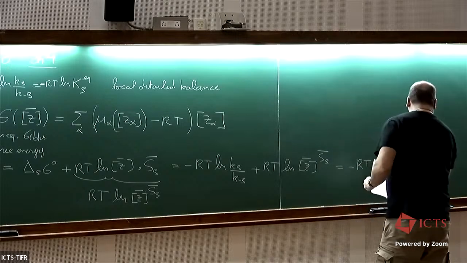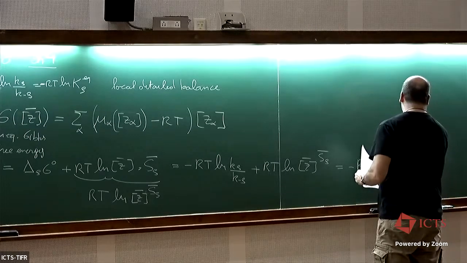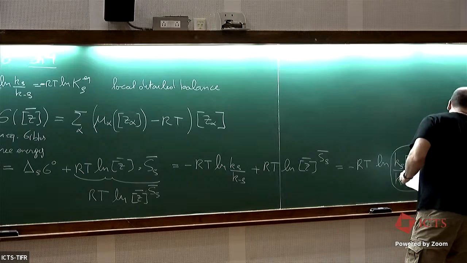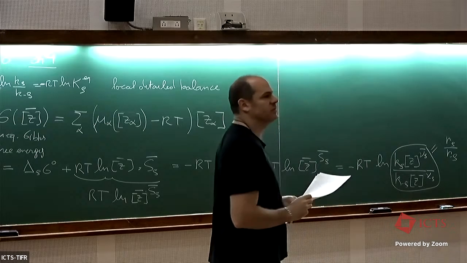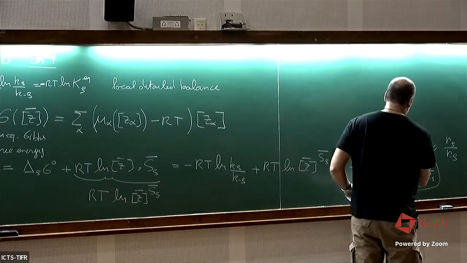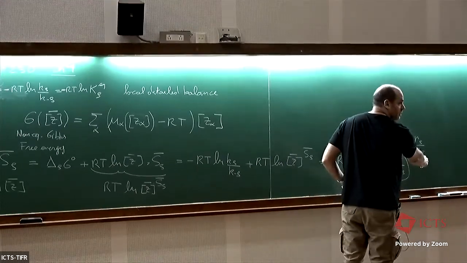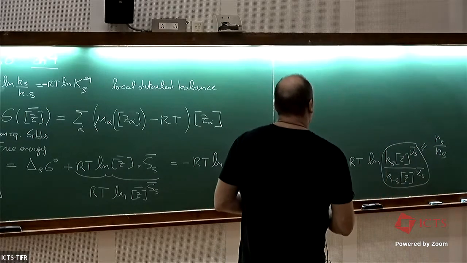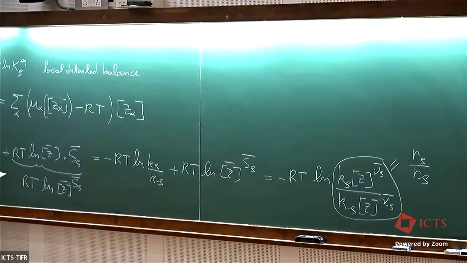And therefore, that ratio here is R rho over R minus rho. By definition, this was the definition of R rho. This was the definition of R minus rho.